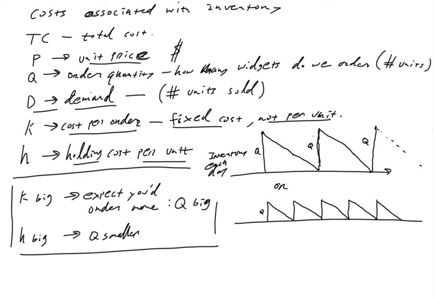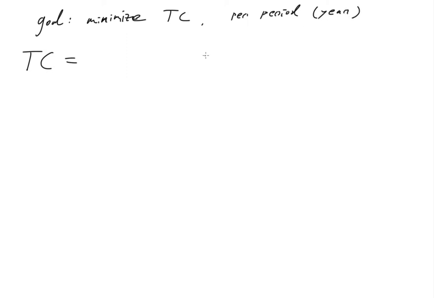All right, so now let's put together all of these variables and come up with an idea. So the goal here is to minimize the total costs. The total cost, though, is comprised of several things. One is, and maybe this is per period, or maybe it could be years, a year or something like that.